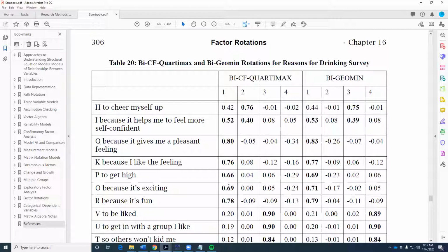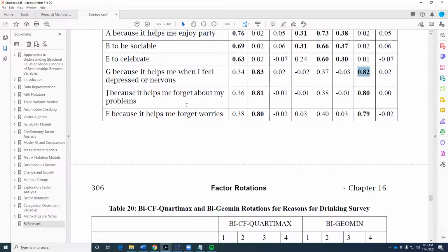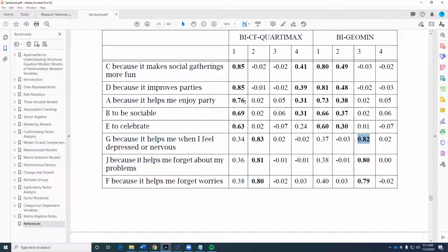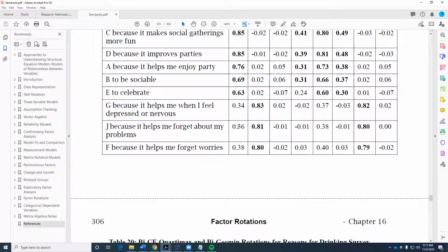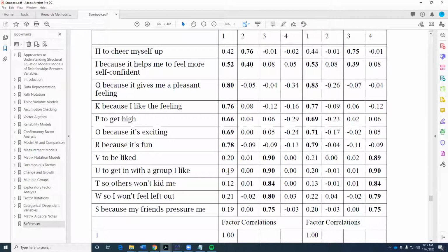That makes some sense, because when we did the oblique rotation, this factor tended to be correlated with this factor. And these other loadings do not show simple structure because, again, that first factor is trying to take everything out that it can.